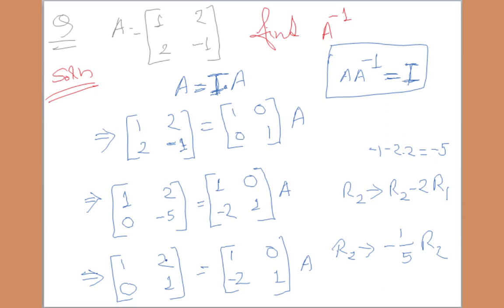Our last step is we have to make this number 0, then it becomes an identity matrix. So how does it become 0? If we apply R1 minus 2R2, it becomes 0.